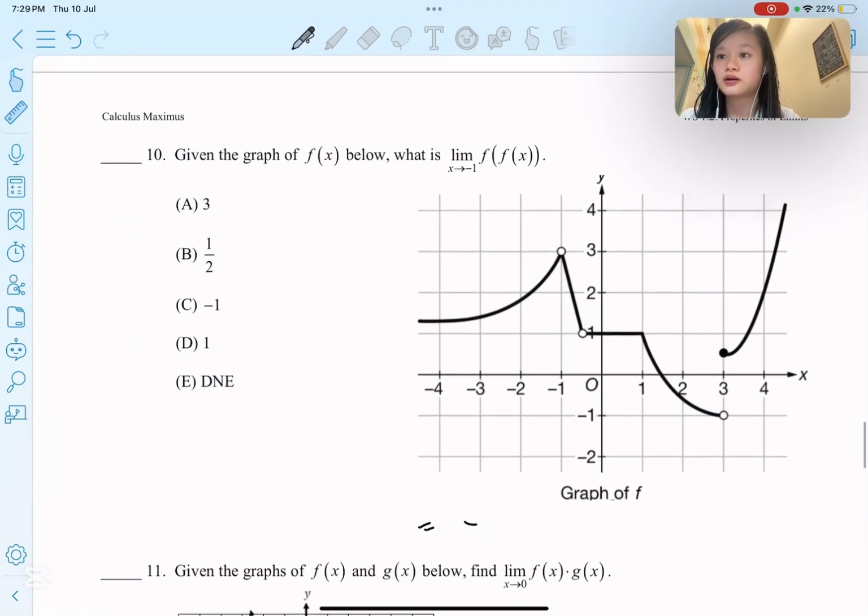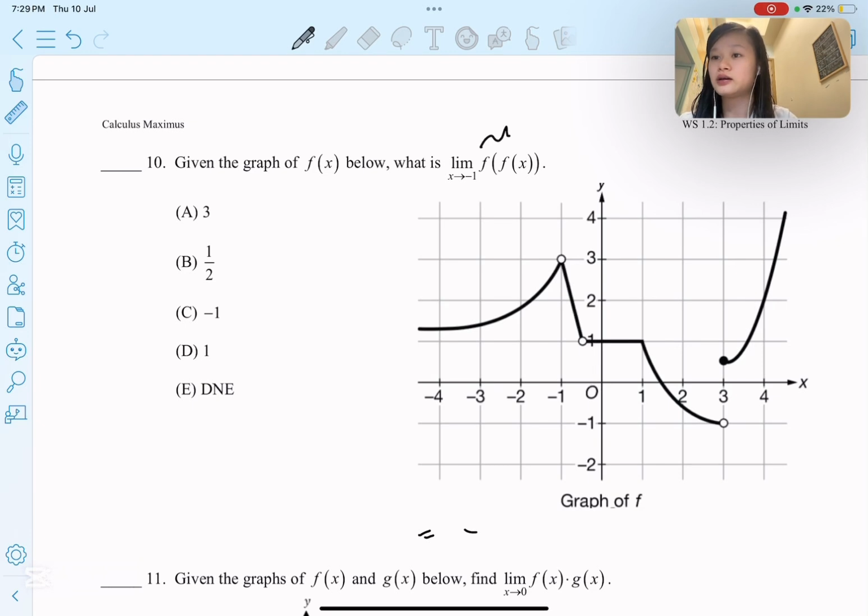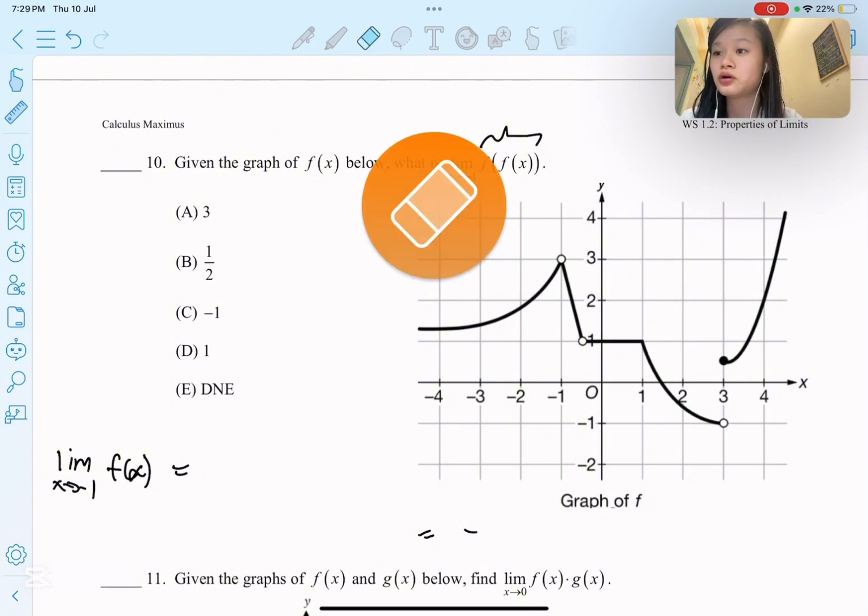Okay, number 10. Again, this is a function of a function, so you have to do the thing again. When I learned this, it was the hardest part, so make sure you understand what it means when it's minus and not minus. So the first one is this, -1. It didn't have any plus or minuses, so it's just in general.